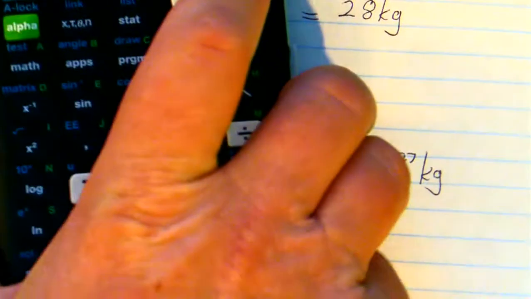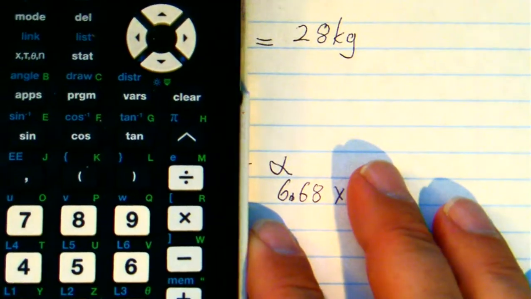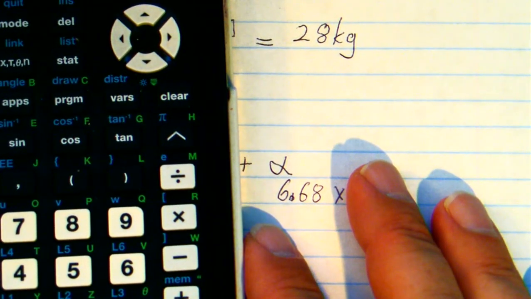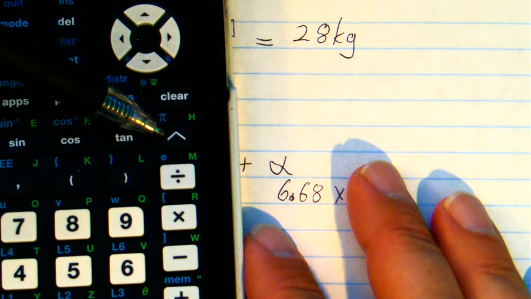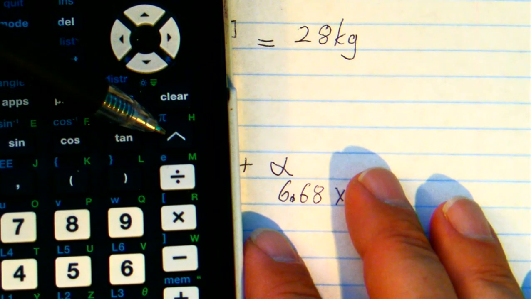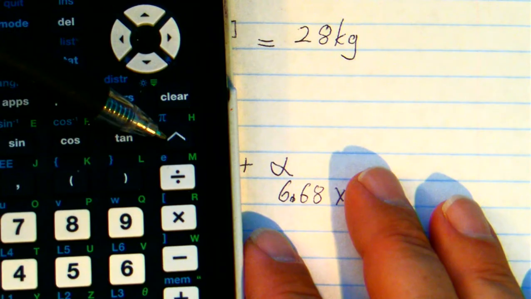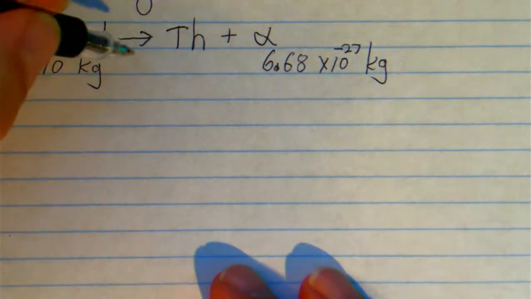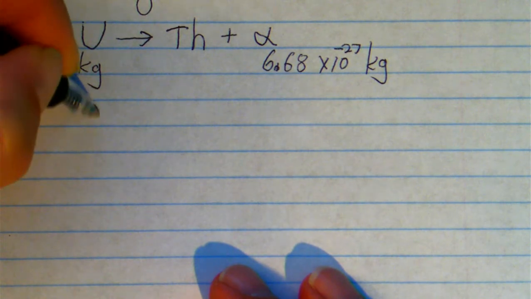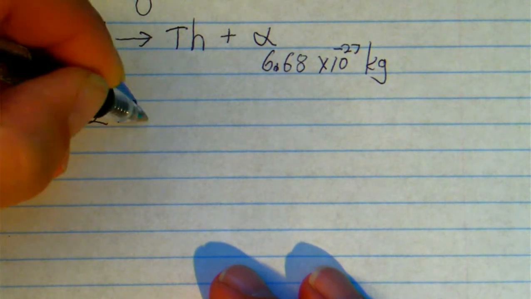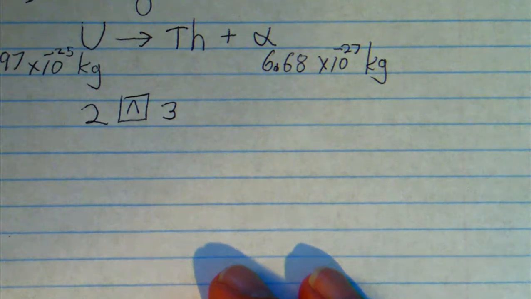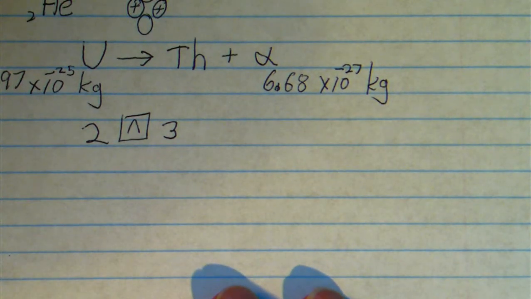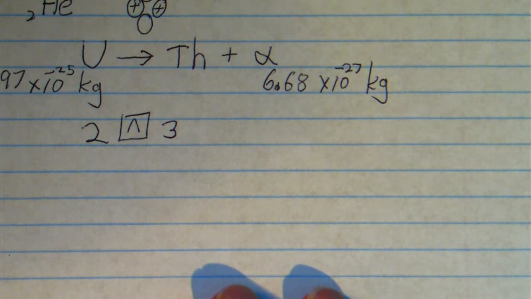You have a button on your calculator that is labeled caret. And caret, of course, means raised to the power of. So if I were to type in 2 caret 3 without a calculator, does anyone know what I would get? 2 raised to the third power.